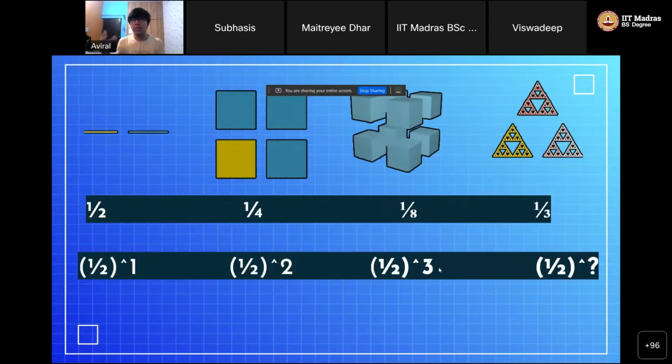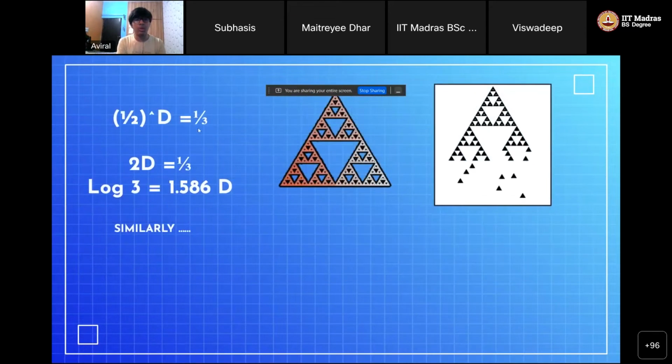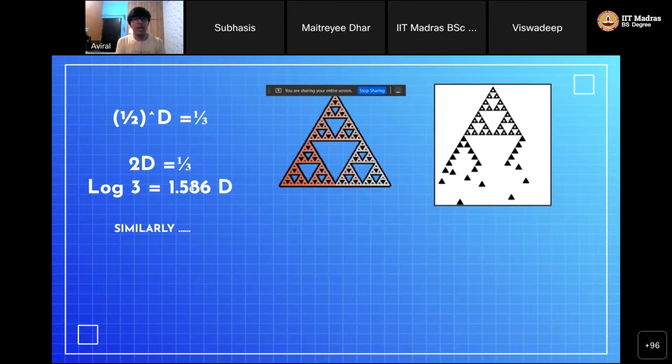So that's how we can calculate the dimension of a fractal. I just have to find this question mark. So how do I find it? I will set it equal to 1 by 3, and with the help of logarithms, I will get the dimension as 1.586. So that is the dimension of a fractal, the Sierpinski triangle.